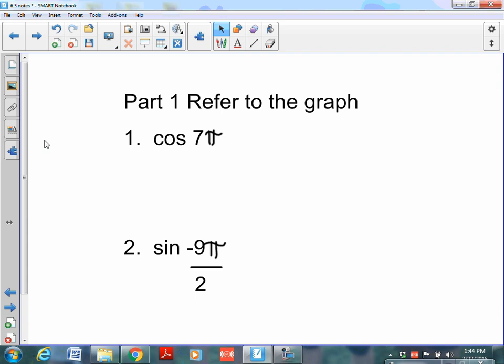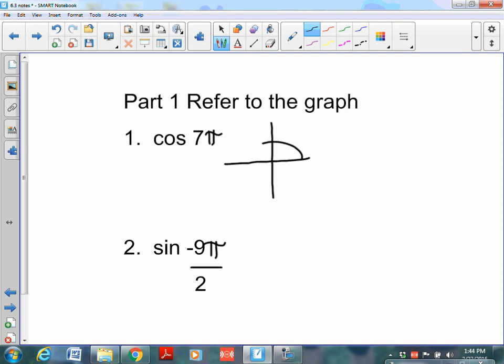They want you to refer to the graph for cosine of 7 pi. I just want you to do what you did yesterday to do this instead. Don't use your calculator. Get used to knowing that. What does this stand for if you only get to there? Pi.